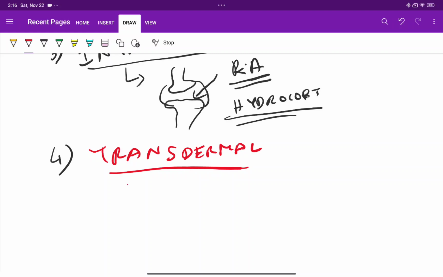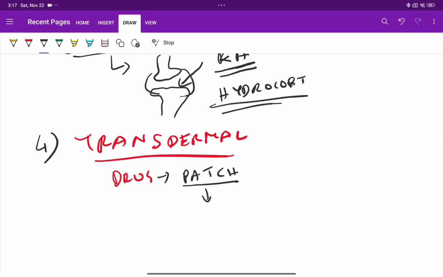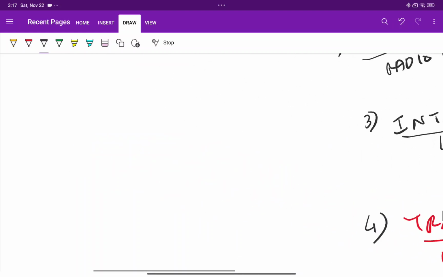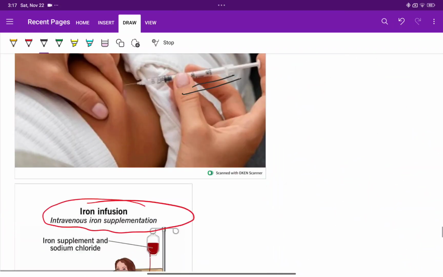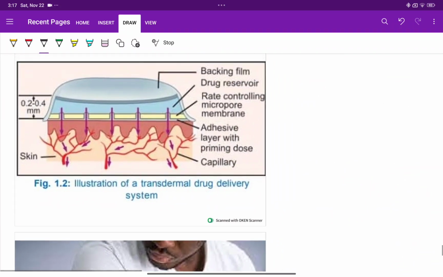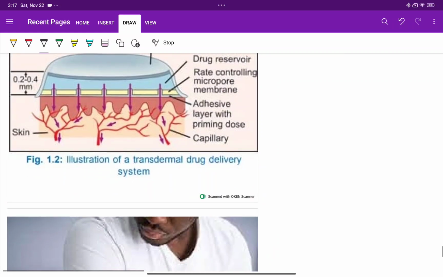See here, the drug is administered in the form of a patch, and the drug directly enters into the systemic circulation. Okay, I'll show you a good diagram showing the illustration of the transdermal drug delivery system.